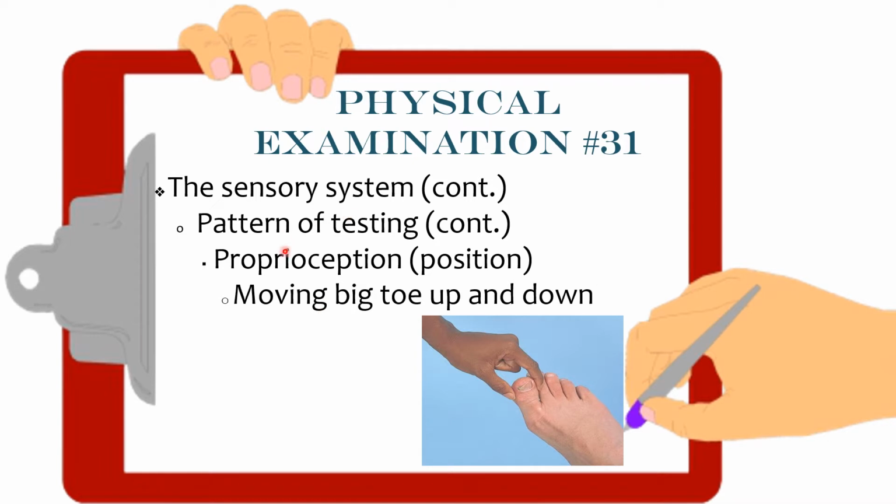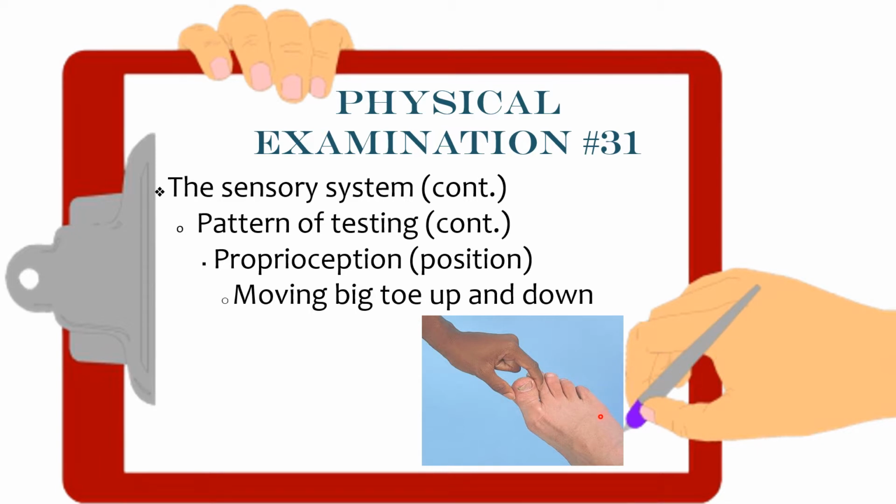To test for proprioception or position, you can grasp the big toe of the patient, holding it by its sides between your thumb and index finger, and then pull it away from the other toes. This prevents extraneous tactile stimuli from affecting testing. Demonstrate up and down as you move the toe clearly upward and downward.